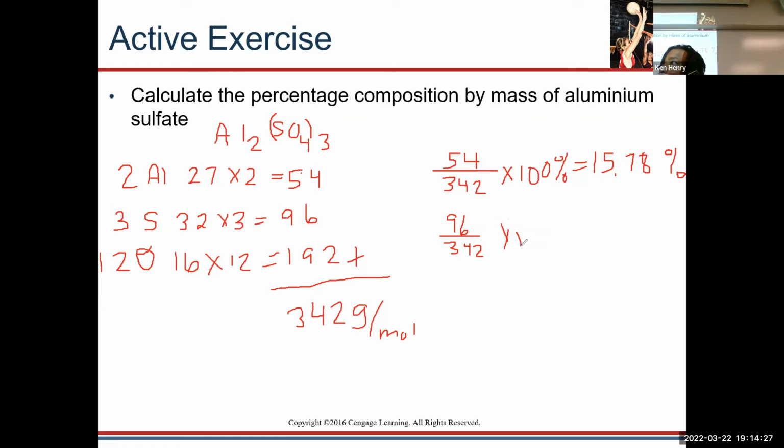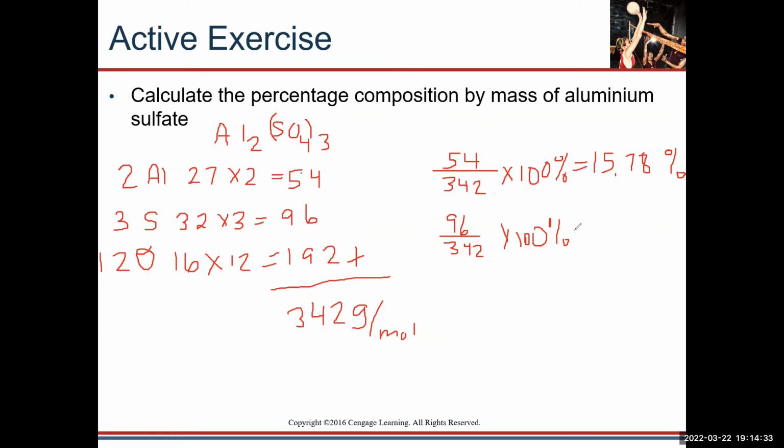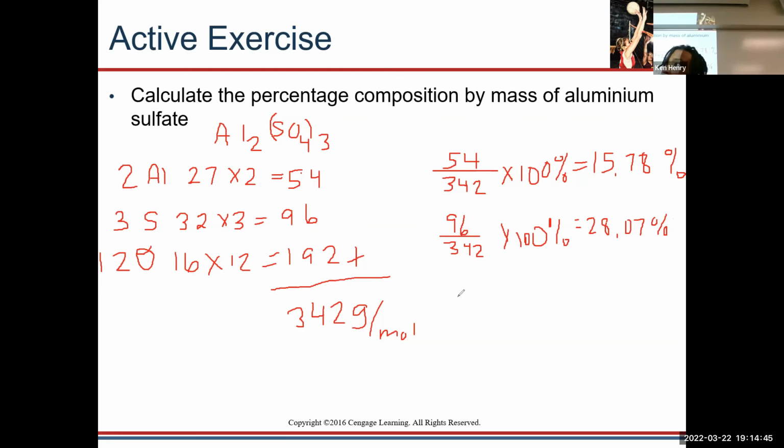And what do you guys get? 28.07. So then oxygen, which should be the remaining, we could either just subtract the 2 from 100, or we could put the number in.